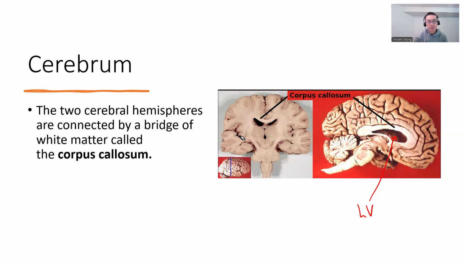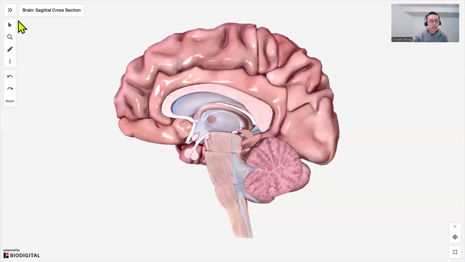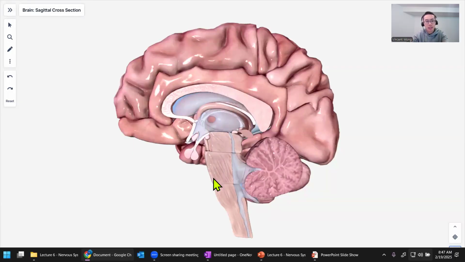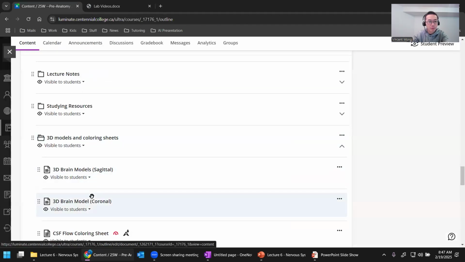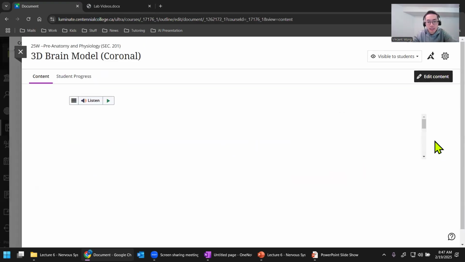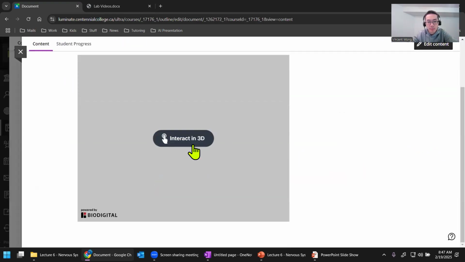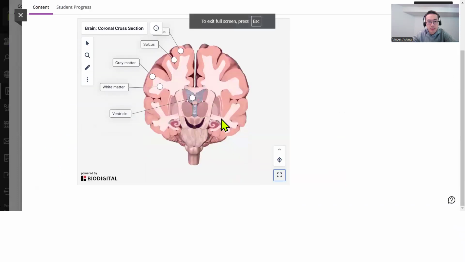Okay, and the corpus callosum, actually, if you look at it from a coronal view, I think I have a picture of that perhaps. Let me just close this first. Coronal is this way, right, front and back. You can see it a little bit better, right?